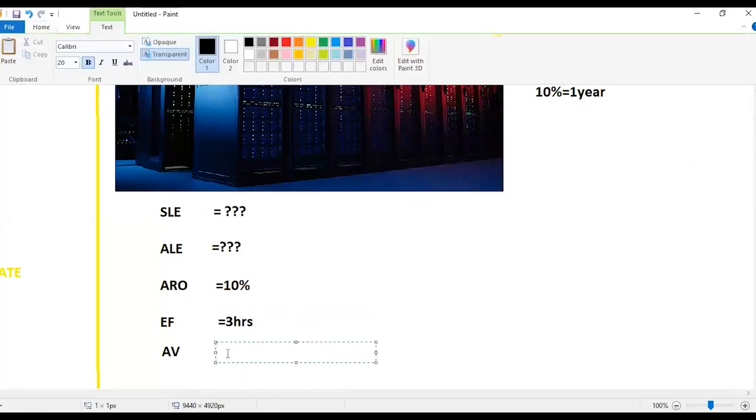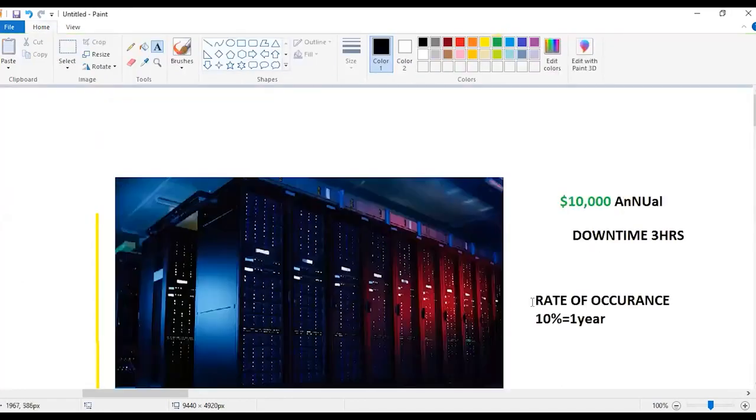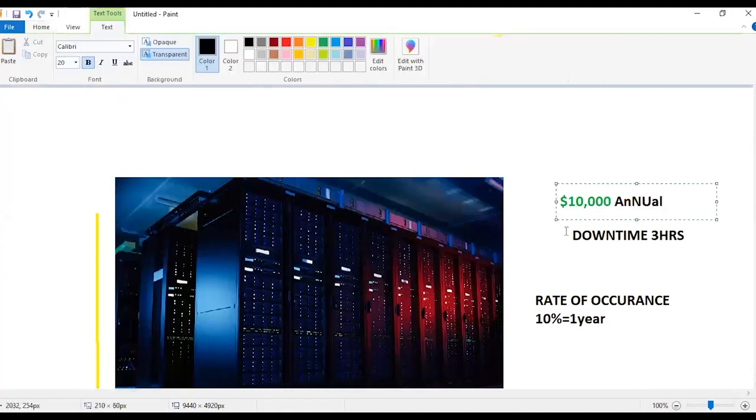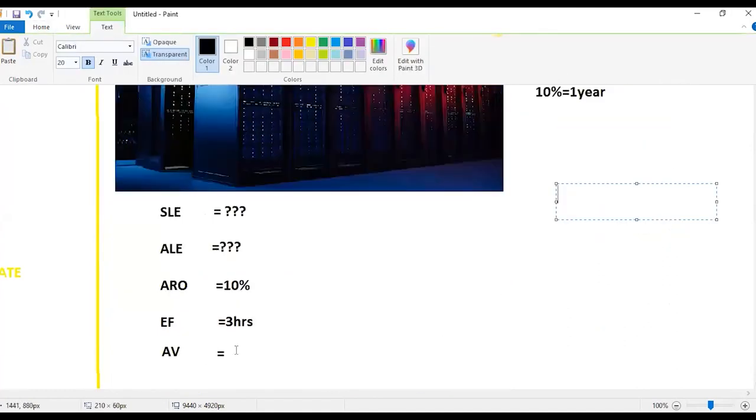Now the asset value: what is asset value? How much we are generating in a year. It is written here: we are generating $10,000 annually as revenue.